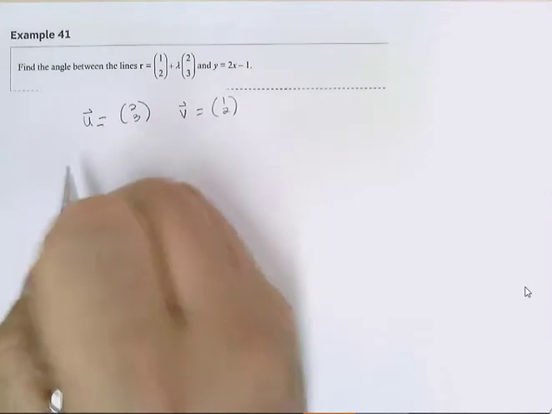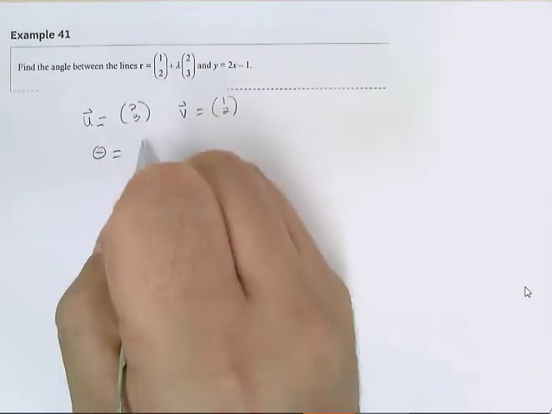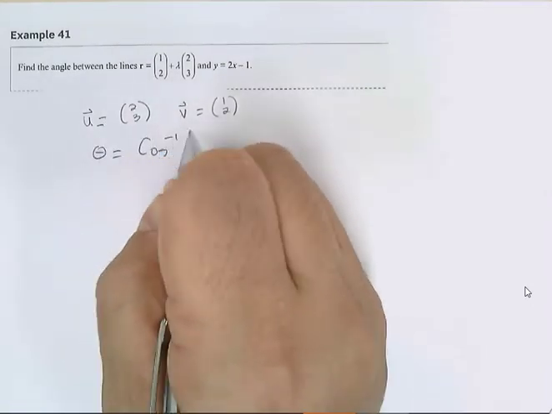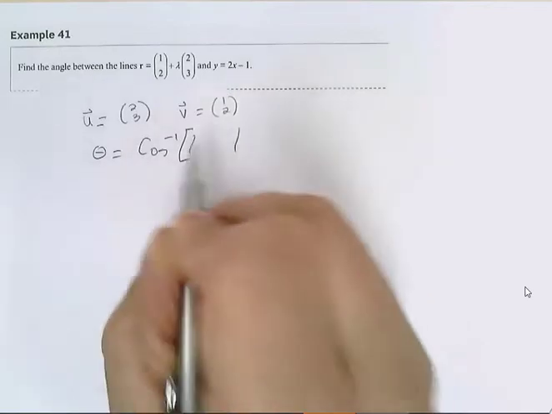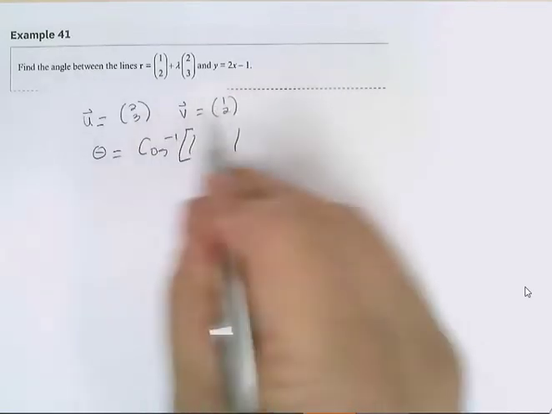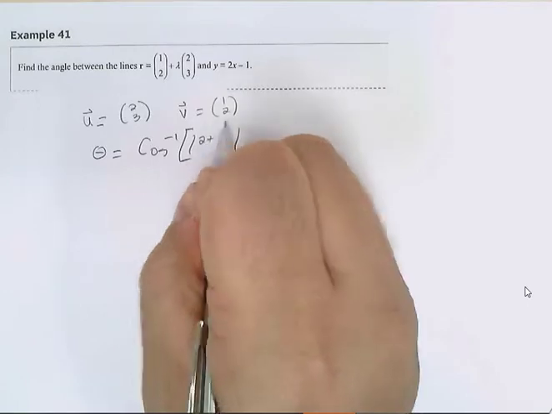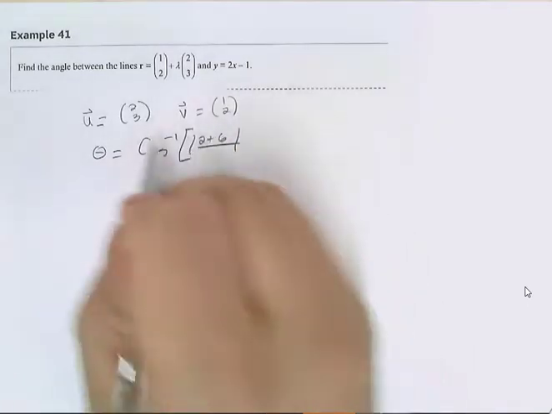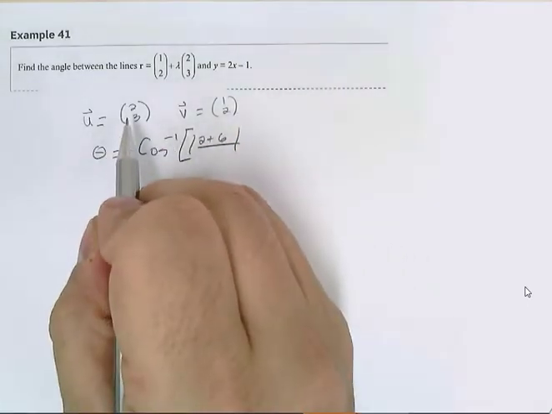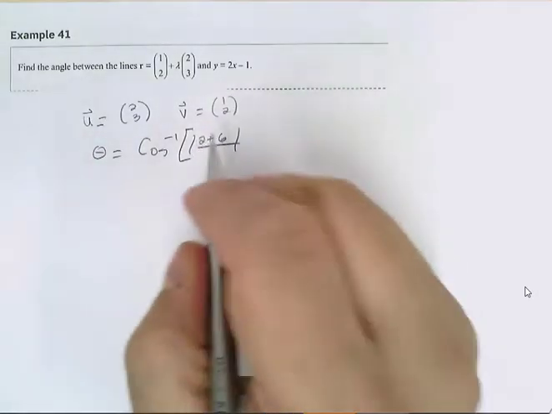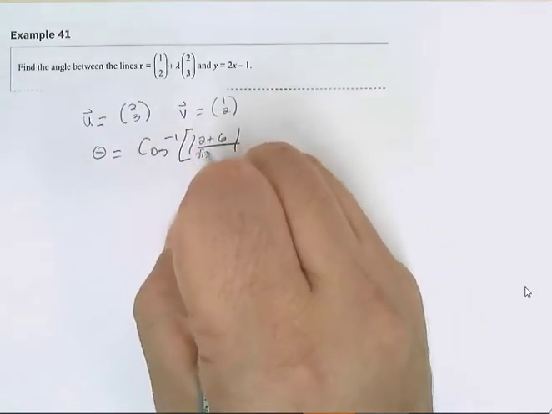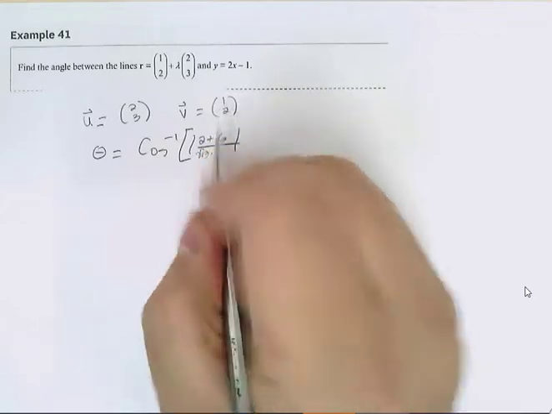And if I use the method that we've used before, the cosine inverse of the absolute value of the dot product, that would be 2 plus 6, over the magnitude of this one, which would be 4 plus 9, that's 13, root 13, times this would be 4 plus 1, that would be root 5.